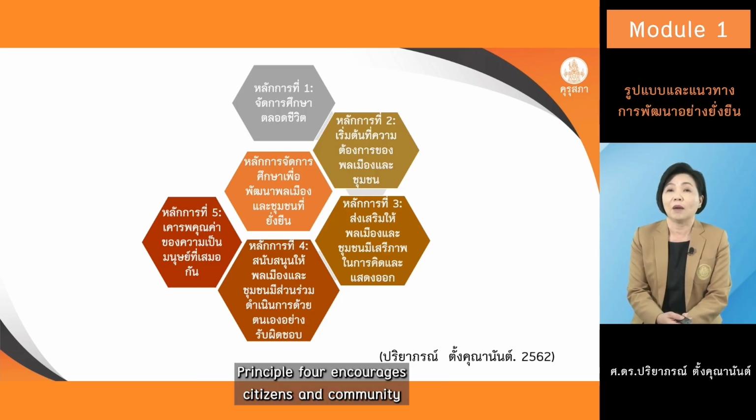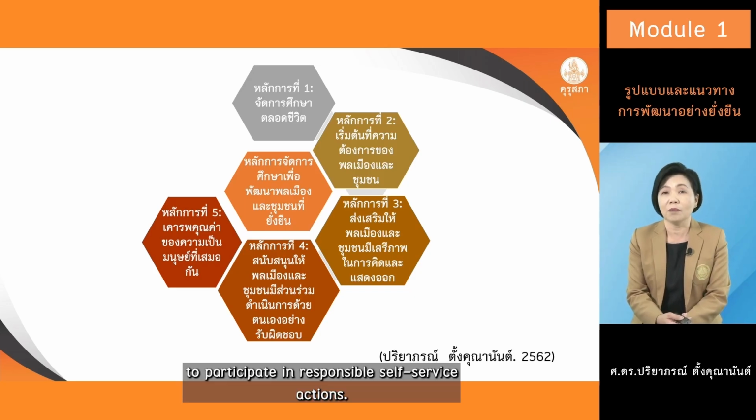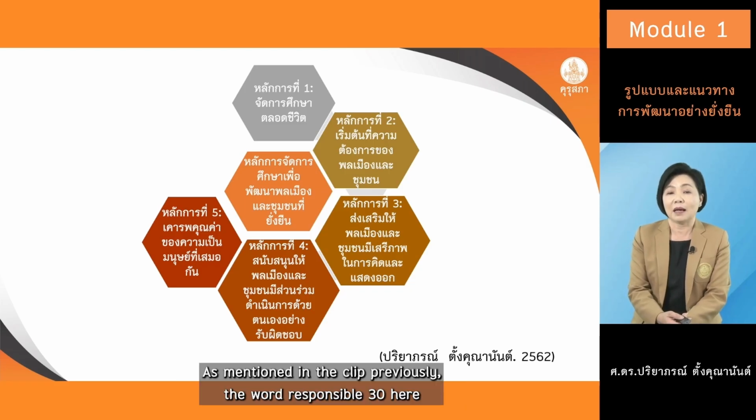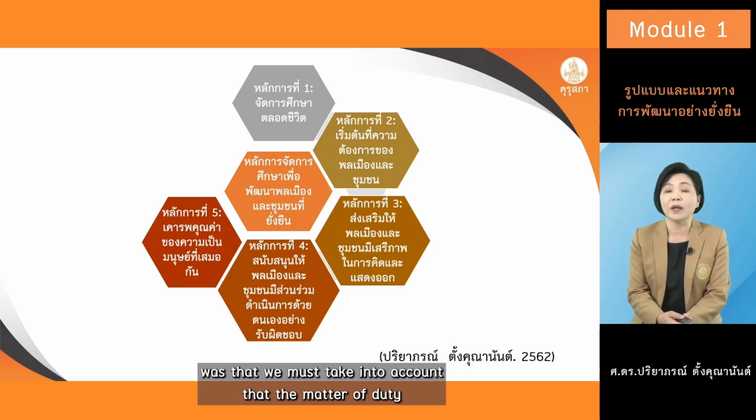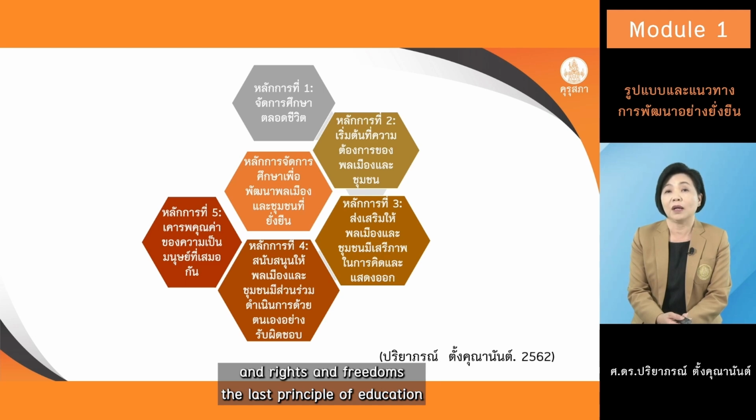Principle 4 encourages citizens and communities to participate in responsible self-service actions, as mentioned in the previous clip. The word responsibility here means that we must take into account duty, rights, and freedoms.